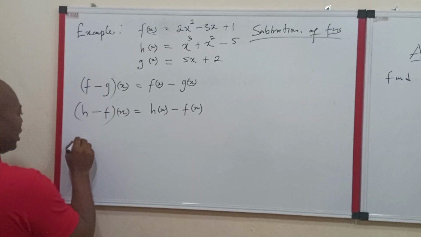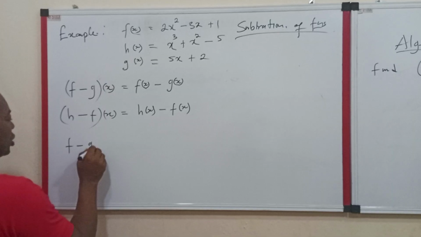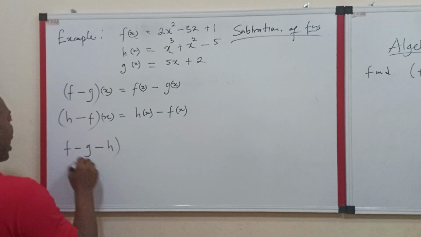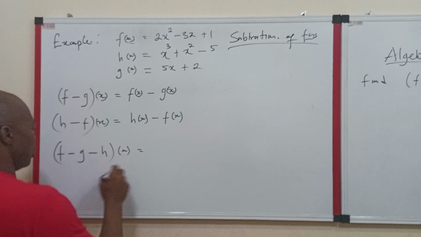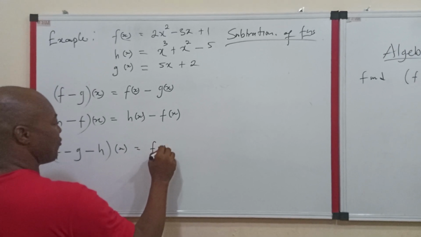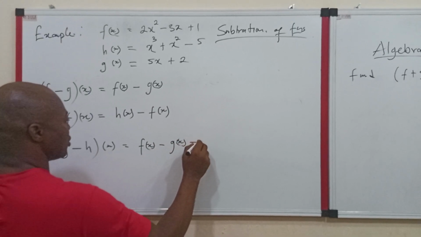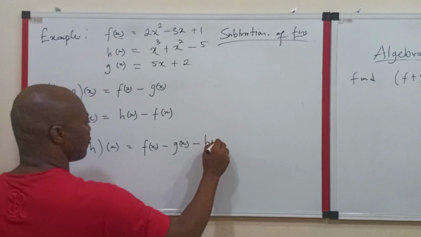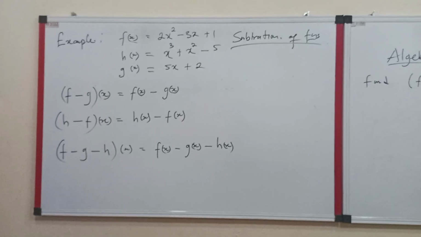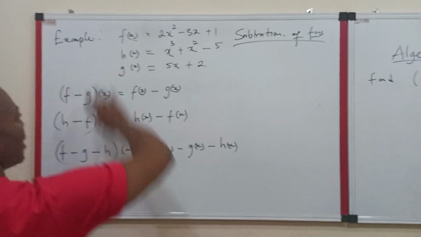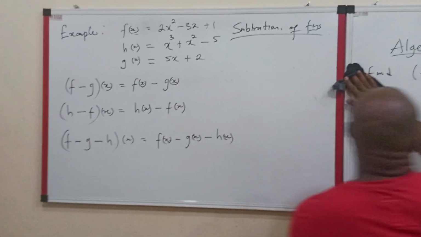Like if we have, say, f minus g minus h all of x, this we can also have as f of x minus g of x minus h of x. That's what we have. Now let's try to consider these using these terms to see how it will look.